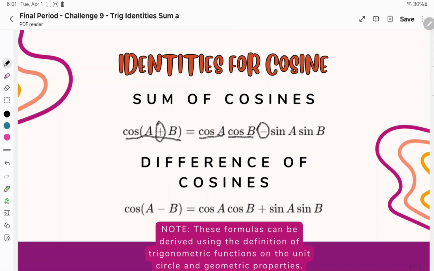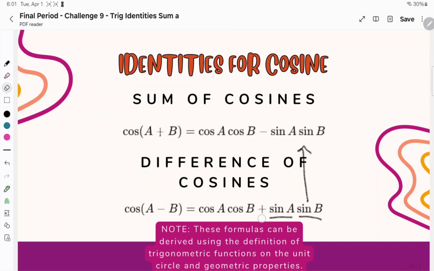So cosine of A, cosine of B, minus sine of A, sine of B. And if I have a difference of angles, it's going to be the same. Cosine of A, cosine of B, sine of A, sine of B, just like in here. But if we're talking about a difference, we're going to add. So it's the opposite. If we're adding, we subtract. If we're subtracting, we add. Okay?